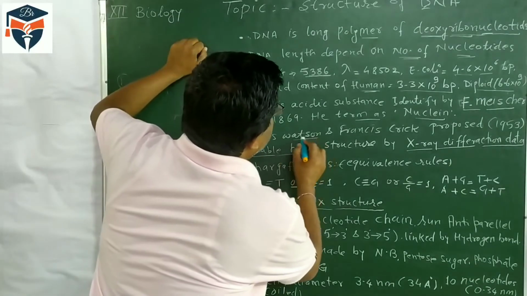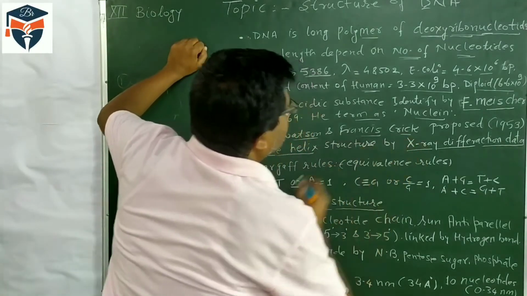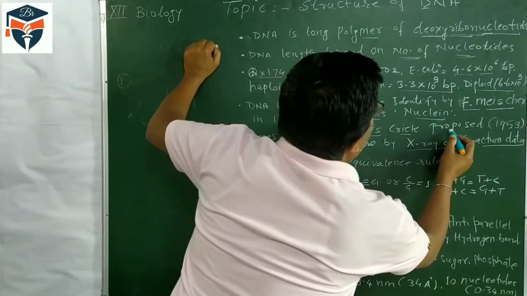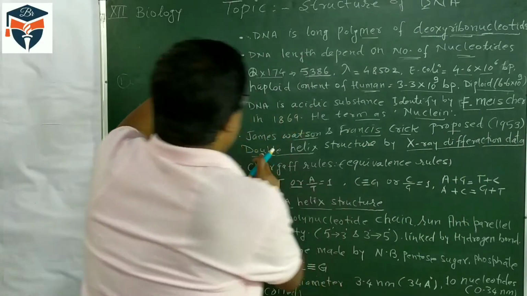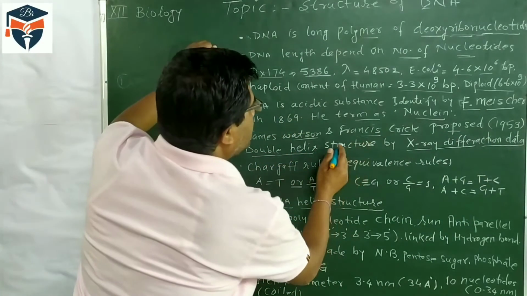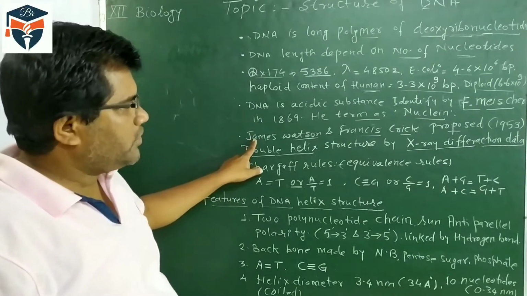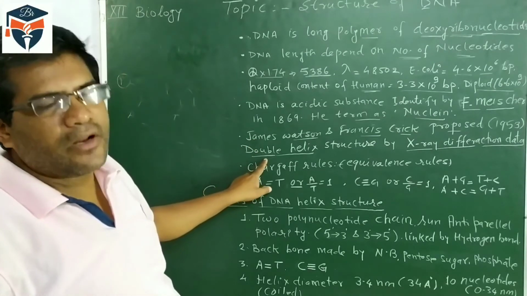Second, James Watson and Francis Crick, these two scientists, studied the details of the double helix structure of DNA. Many times the question is asked, who proposed the double helical structure of DNA?